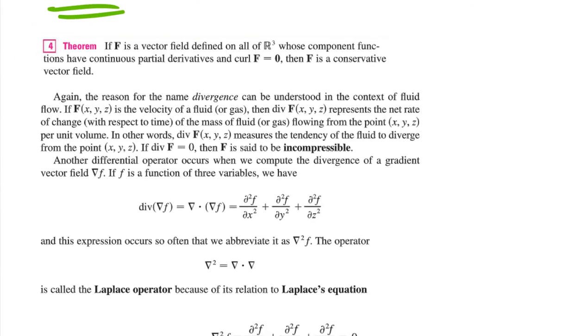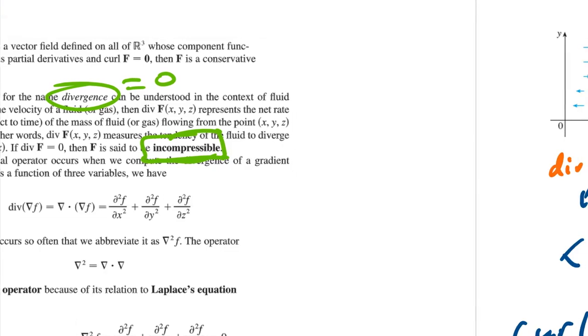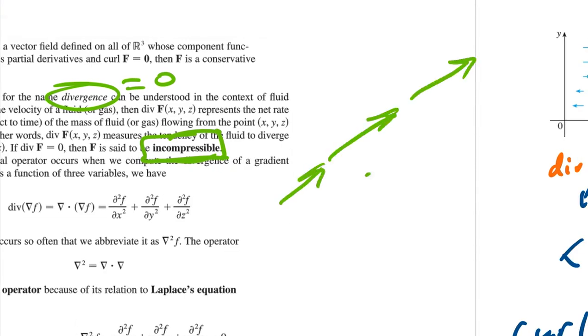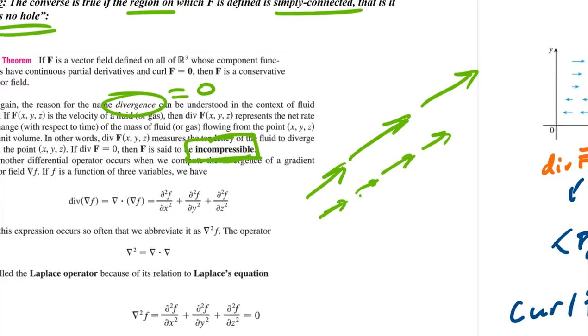Read about this. If the divergence is equal to 0, then the fluid is called incompressible. So basically if you have all the same vectors going in the same direction, and there's no divergence at all, the fluid's incompressible.